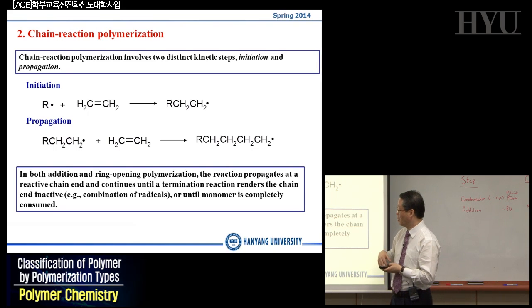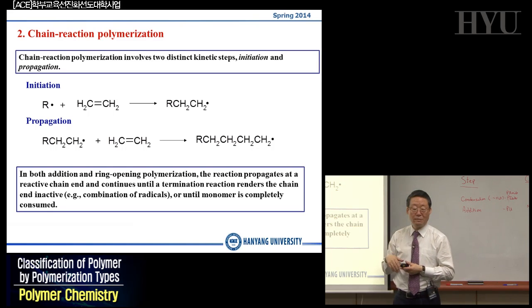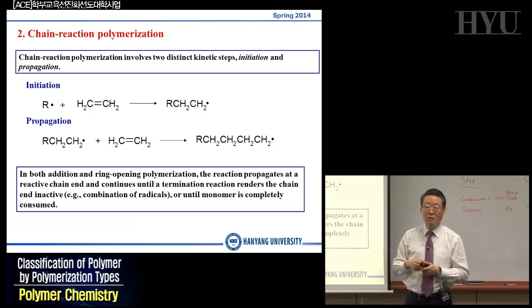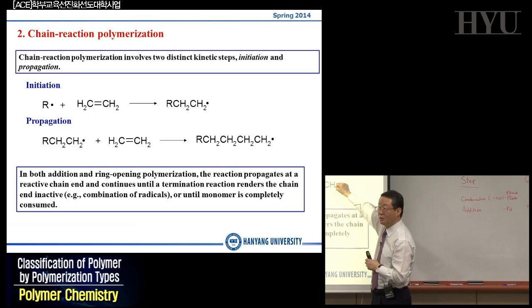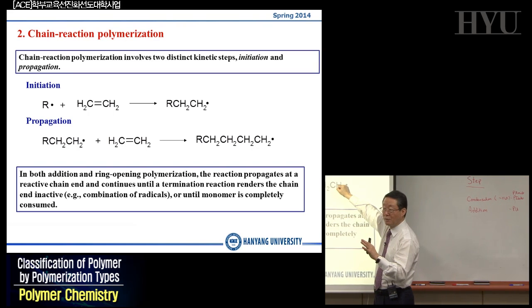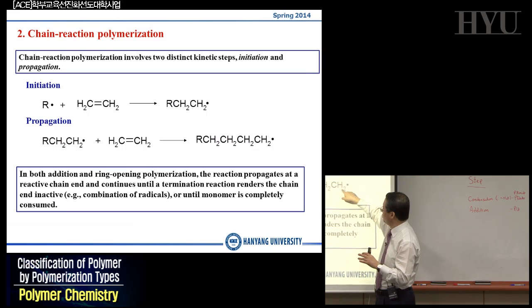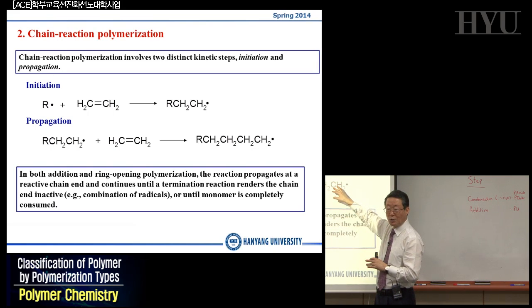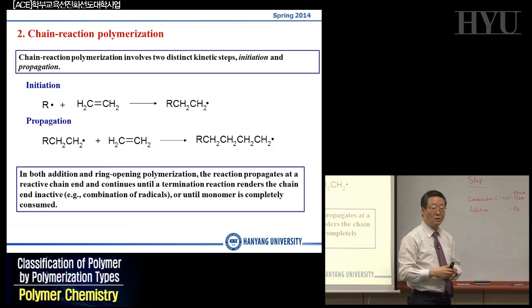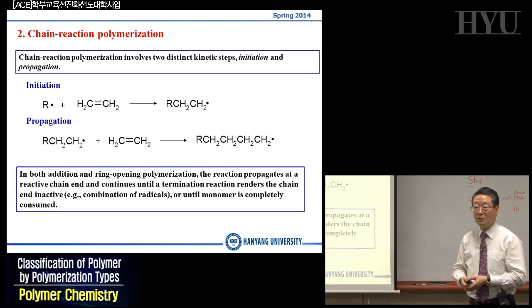Or we have a disproportionation reaction, meaning that one growing chain will terminate so that the molecular weight is just one. It's not double, but it's just one. It could be backbiting, it could be disproportionation, which we will talk about later in more detail.